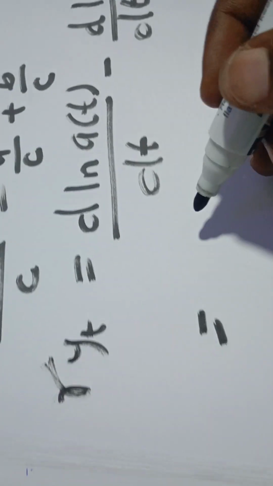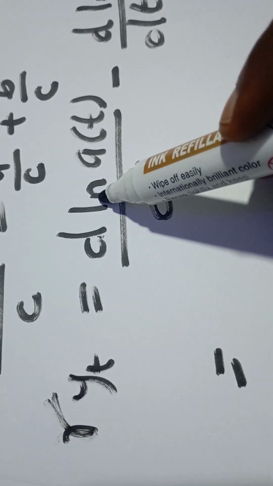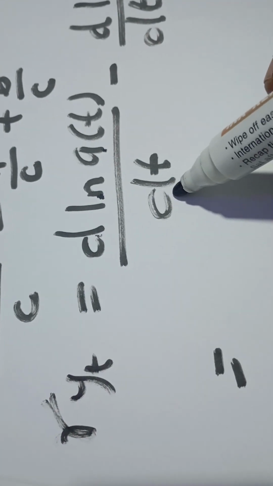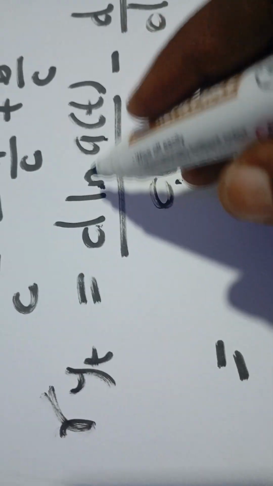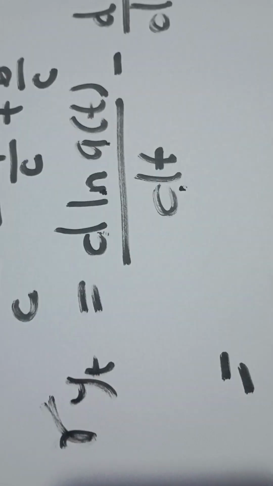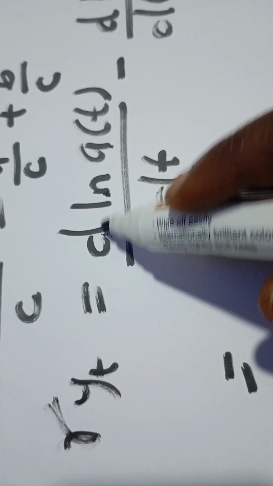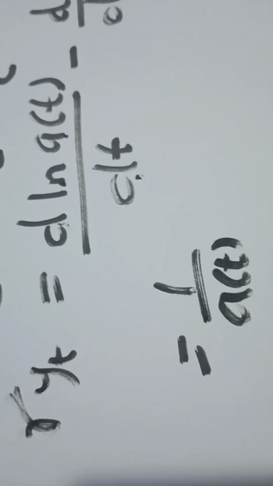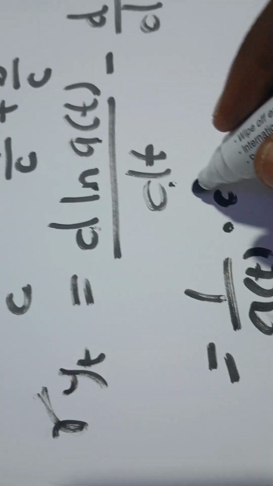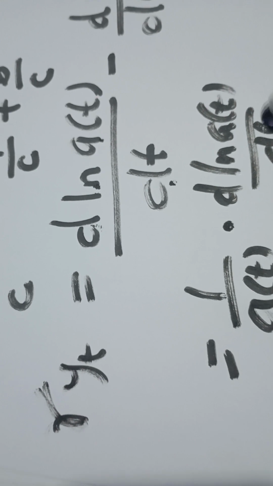Now just like I explained earlier, when you have the derivative of the natural log of a number with respect to time, I want to maintain the standard way now for those that ask. If you take the derivative of ln of a variable, it is going to be 1 over that variable, then you multiply that by the derivative of the variable with respect to t.